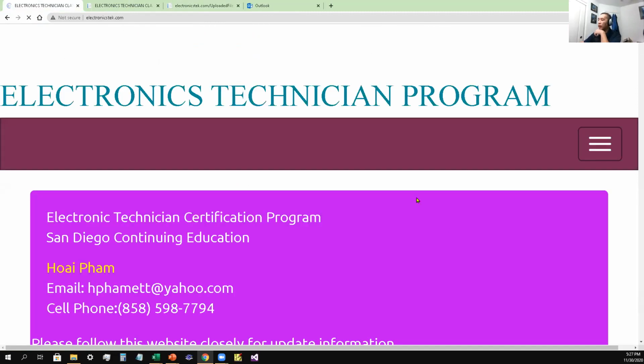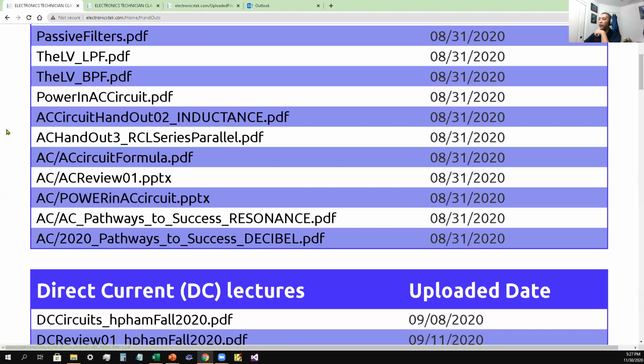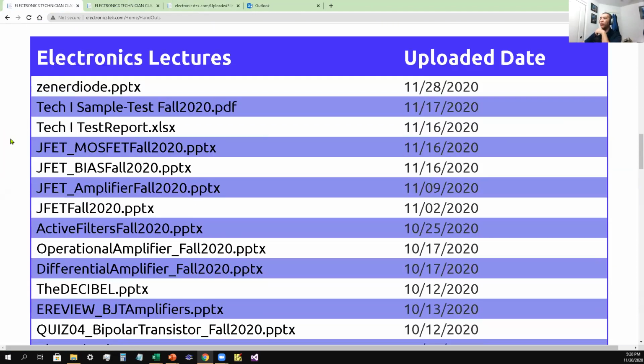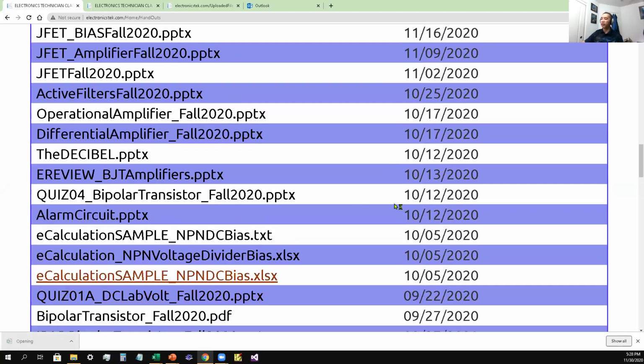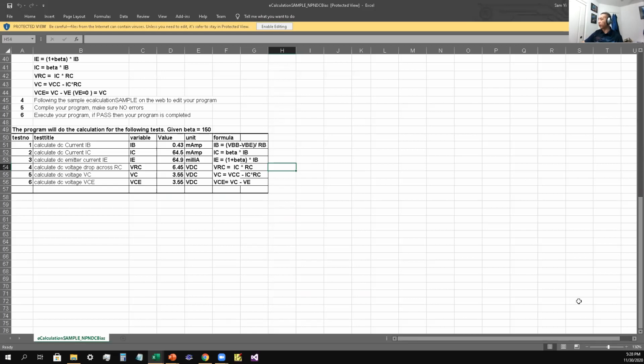Let's see. Okay, so if I go into the handout here, the handout from Tech 1, we've got the sample program, Tech 1 sample test, and then going down here, it's a sample program, e-calculation sample. Okay, if I open that up, let me see.